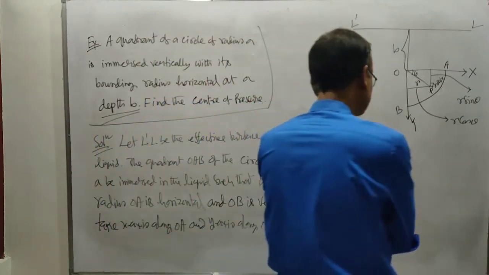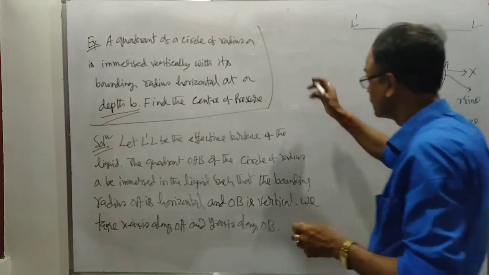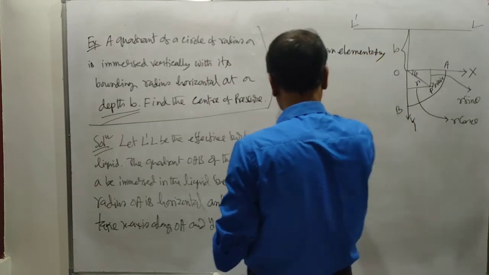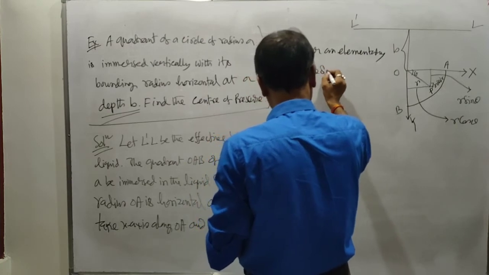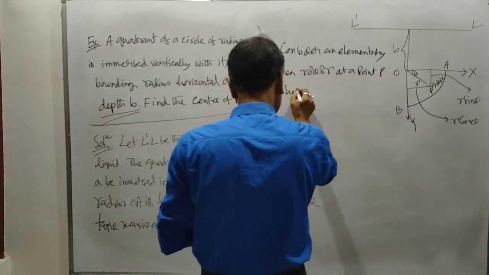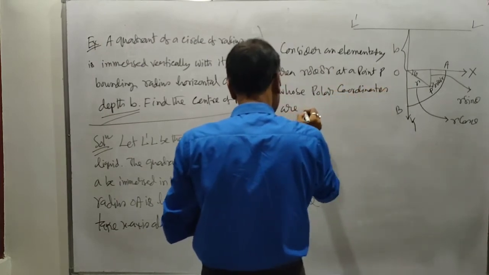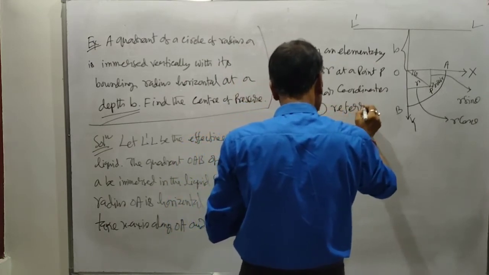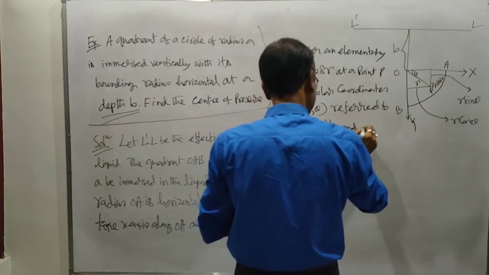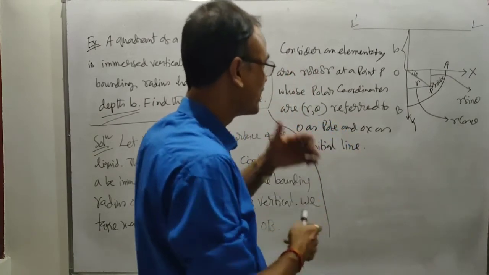Now, consider an elementary area r delta theta delta r at a point P whose polar coordinates are r, theta, referred to O as pole and OX as initial line.